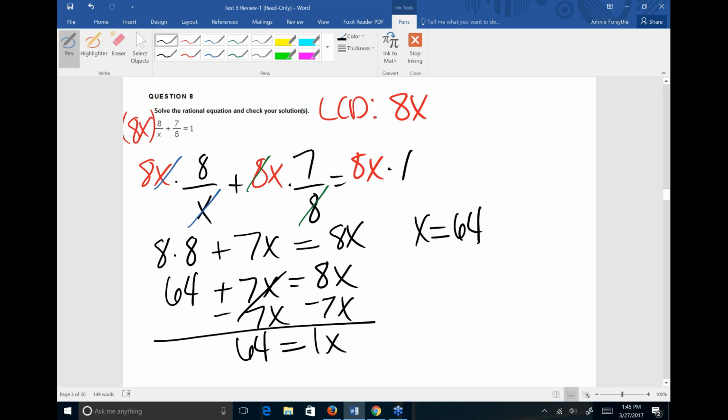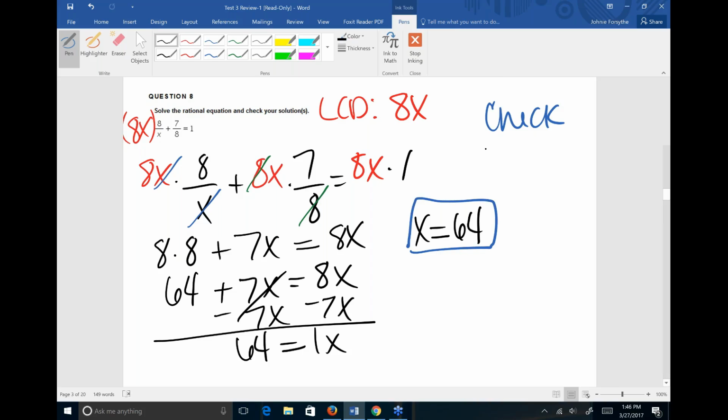And so if we go back and check our equation, you want to make sure that if you plug in 64 into your equation, you wouldn't get something undefined. And we wouldn't. If we plug in 64 for x, we would be left with 8 over 64, which is completely fine. You can also check your answer by plugging it in. So we're going to plug in 64 for x.